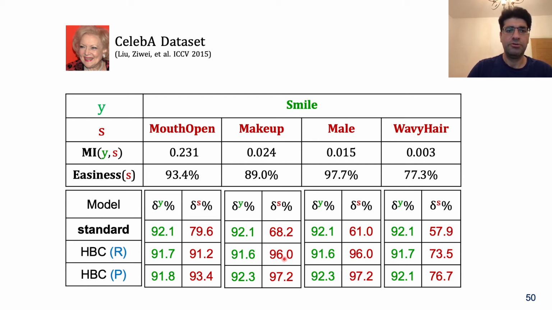But the output of an HPC classifier does not depend on the correlation. In fact, we can achieve accuracy as high as a standard classifier. For example, 97% for detecting male. We can have an accuracy of 96% for detecting male from the output of a smile detection classifier. And with the parameterized model, these accuracies can even get better a bit.